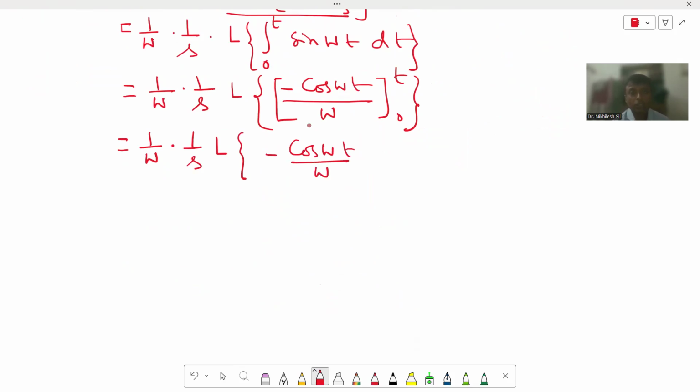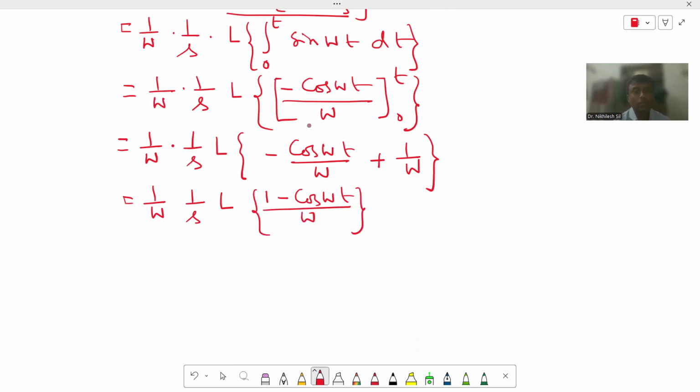Then putting lower range 0, so minus minus plus cos 0 equal to 1 by omega. So here we are getting 1 by omega, 1 by s, Laplace of 1 minus cos omega t divided by omega. Okay, clear?